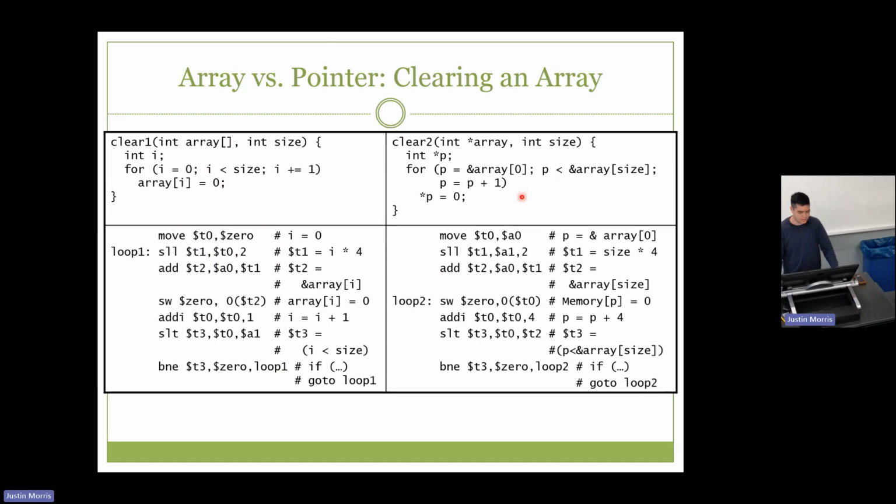But the key between here and here is that for our loop with the array addressing, we have 1, 2, 3, 4, 5, 6 instructions. For our loop with pointer addressing, we have 1, 2, 3, 4 instructions. So we have a third fewer instructions per iteration of the loop, so this will be faster in terms of implementation than this.